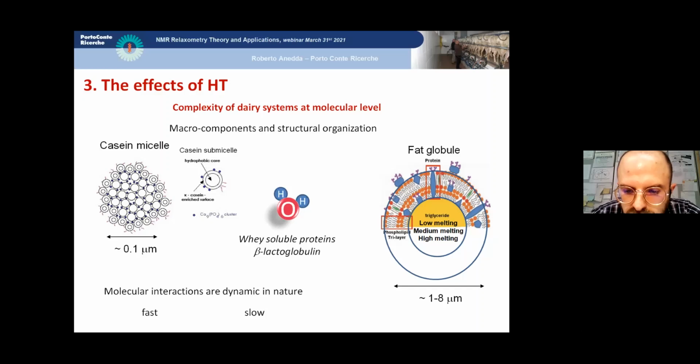Among these slow processes, we recall curd shrinkage during syneresis, when whey is progressively expelled from the protein network, water evaporation during ripening in aged cheese, while faster processes may involve micelle structure and hydration changes with temperature, with pH, or shifts in the mineral equilibrium with heating temperature, for instance, in thermized milk.